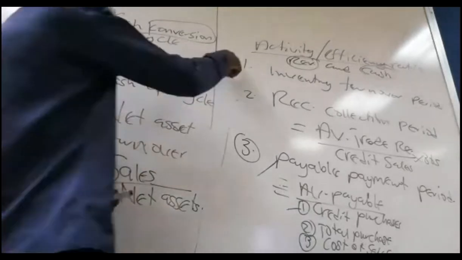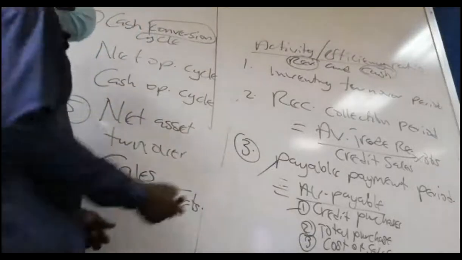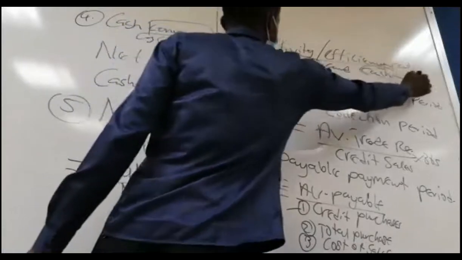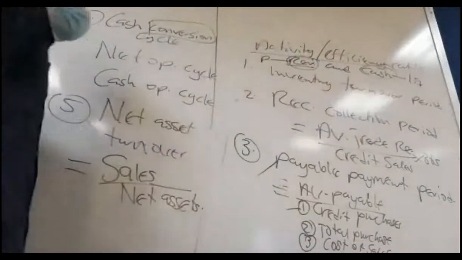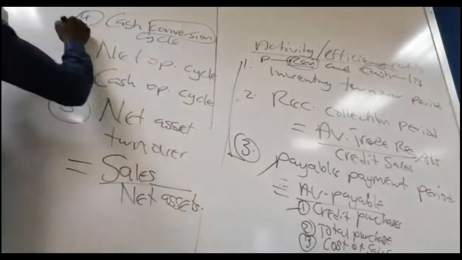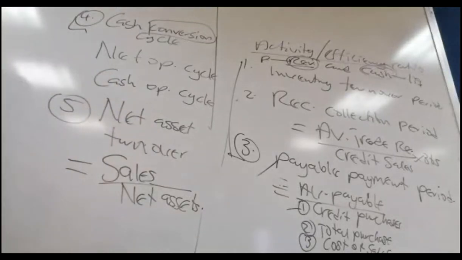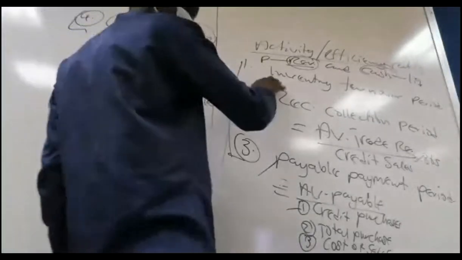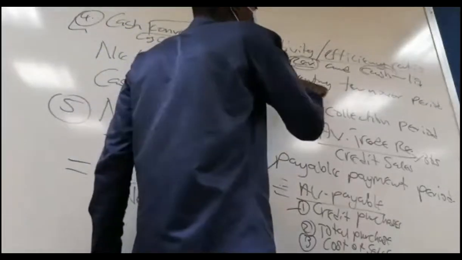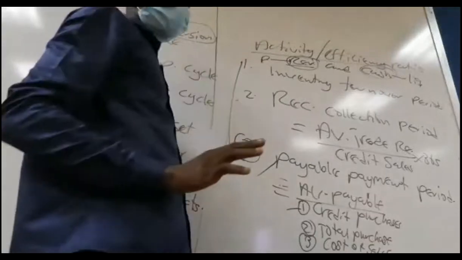So it means that we can share all these five ratios. Because revenue talks about profitability, cash talks about liquidity. So the first four can be part of liquidity, because that's how you generate cash. So if you see books or other material putting inventory turnover period under liquidity, don't be surprised.